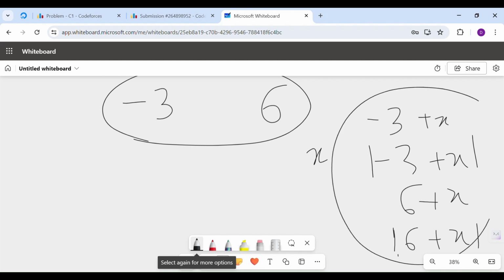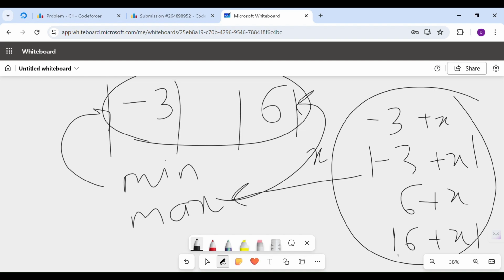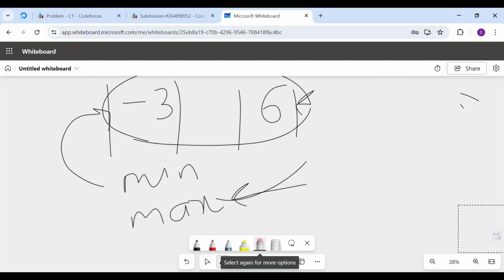Now out of these, I will again choose only the minimum value and the maximum value. Min goes here and max goes here. And then at the end, I will take the mod of both the min and max and print the max of those both. Now, why does this work?